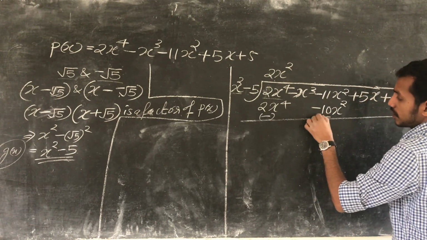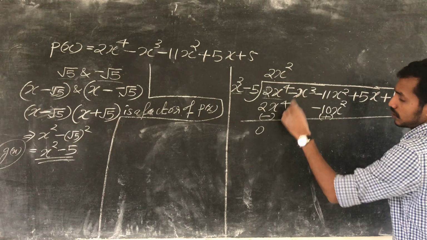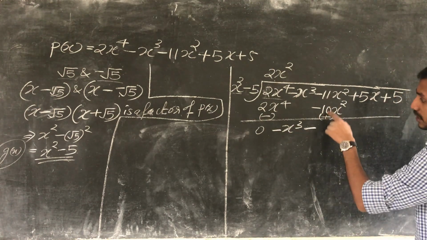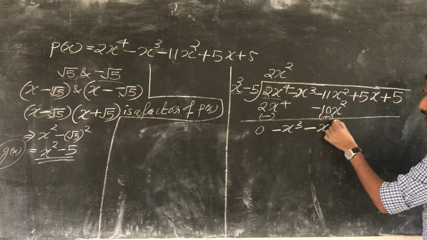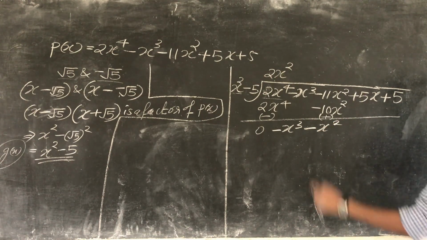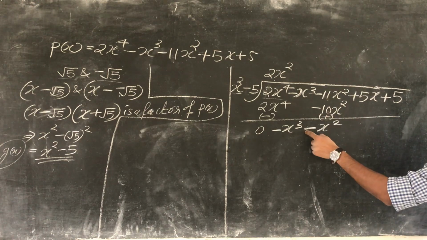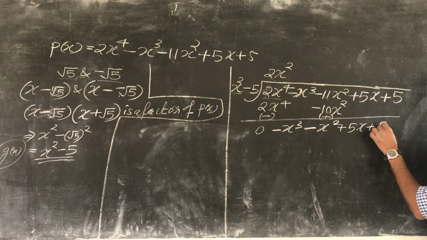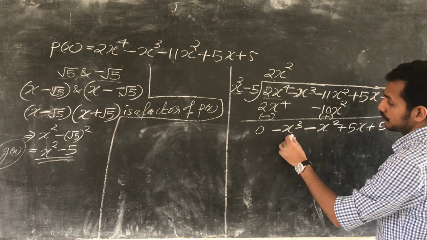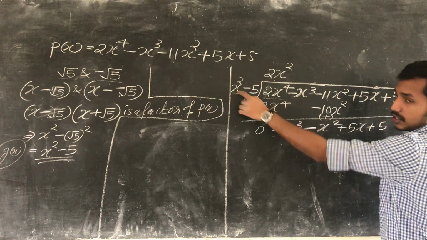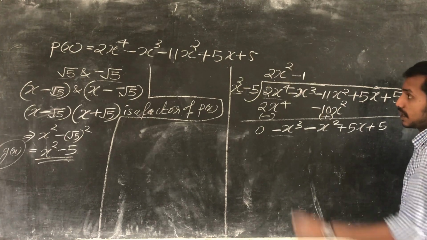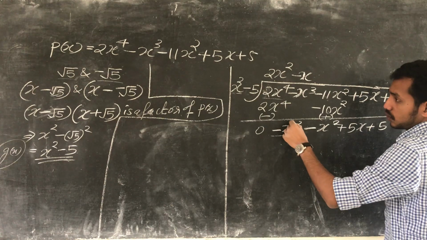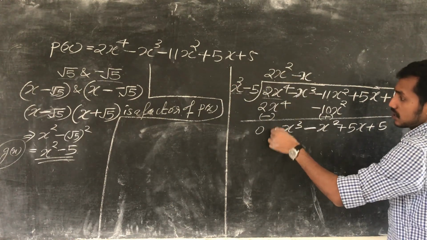Subtract it, change the sign. 0, minus x cube, minus 11x square plus 10x square will be minus x square. Clear? Minus 11 plus 10 is minus 1. Minus x square plus 5x plus 5. Again here, minus x cube divided by x square will be minus x.